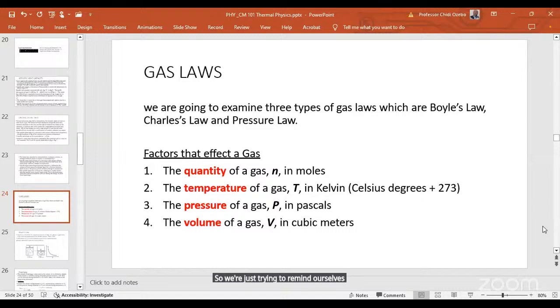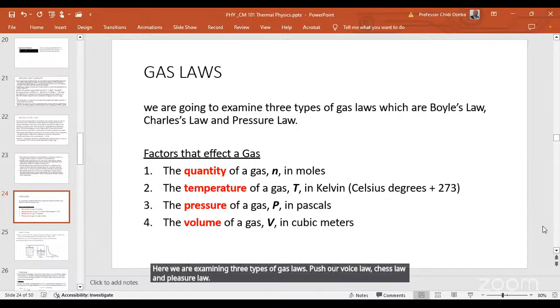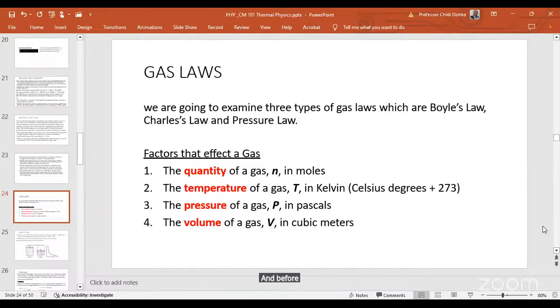Now, gas laws too. Here we're examining 3 types of gas laws, which are Boyle's law, Charles' law, and pressure law. And before then, we look at the factors that affect a gas. They include the quantity of the gas, which is measured in moles, so n in moles; the temperature of the gas, capital T, which is in Kelvin.